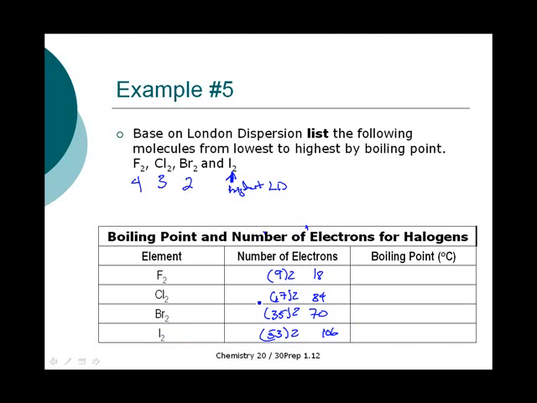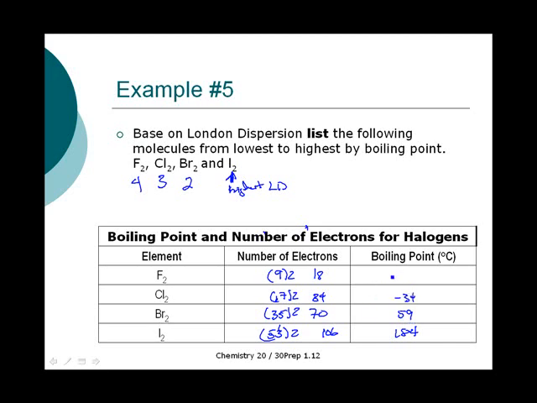And if we check our periodic table and just look at the boiling points, the boiling point is that second number underneath the molar mass. For iodine, the boiling point is 184 degrees Celsius. For bromine, it's 59 degrees Celsius. For chlorine, it's minus 34.